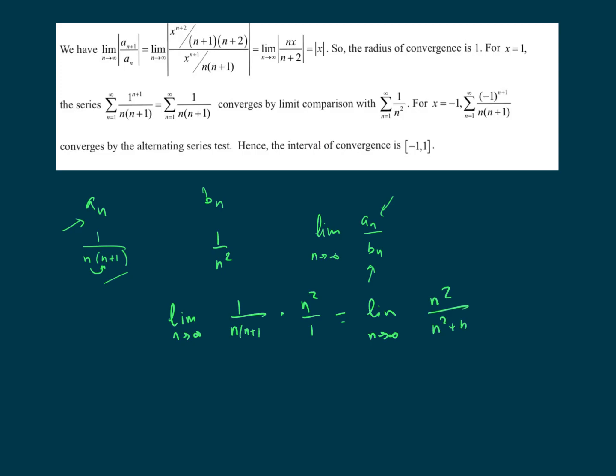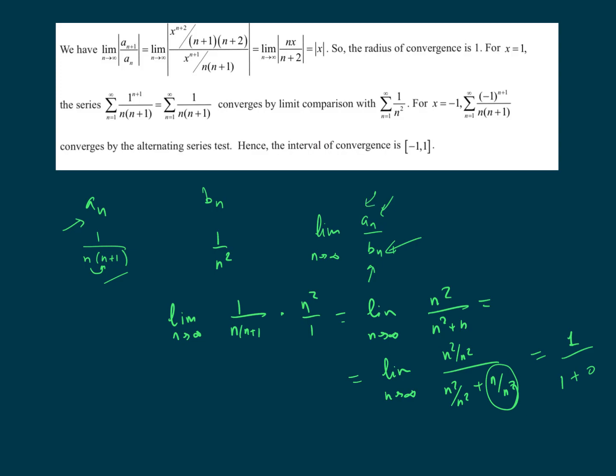We divide numerator and denominator by n squared, and when n goes to infinity, the numerator goes to 1, the denominator goes to 1 plus 1 divided by n, which is 1, so the limit is 1. What the limit comparison test says is that if the limit is a finite number, whatever happens to v sub n is happening to a sub n.